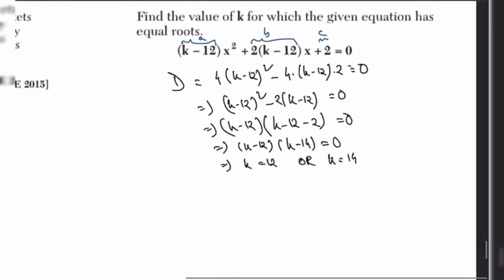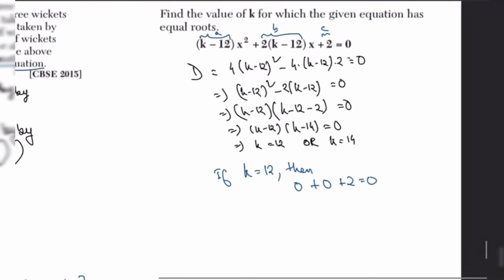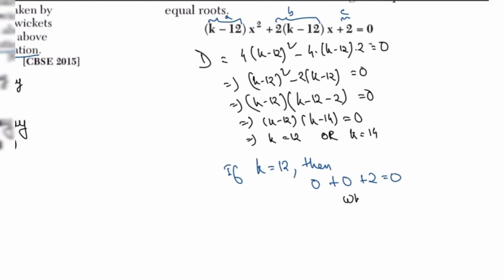Okay, now firstly, see, if k equal to 12, then what equation do we get? 0 plus 0 plus 2 equals 0, which is absurd. So k equal to 12 cannot be true, so we must have k equal to 14.